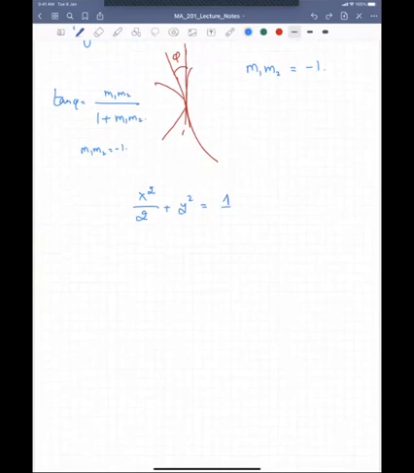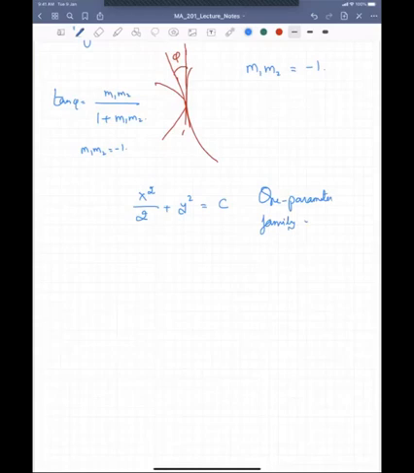But since I'm letting the right hand side be a free parameter, I can choose any value of c and this becomes a corresponding ellipse. So this is a one parameter family of ellipses. So the question is, what are the curves that are orthogonal to these?